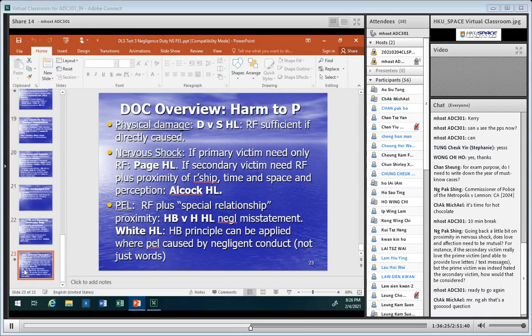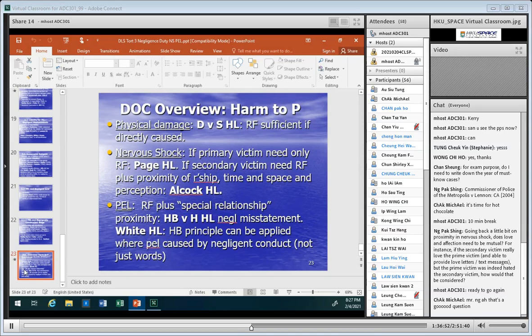However, if the type of damage suffered by the plaintiff is other than directly caused personal injury or property damage, such as nervous shock or pure economic loss, then you've got to go further. With regard to nervous shock, don't forget, make sure you tell the examiner you know what nervous shock is, Hinz and Berry, a medically diagnosable mental illness. Okay.